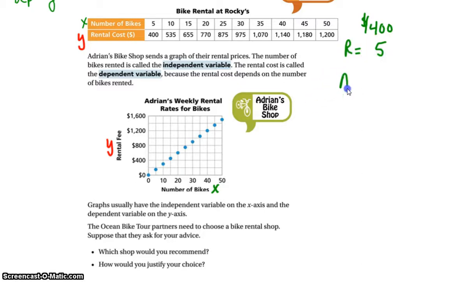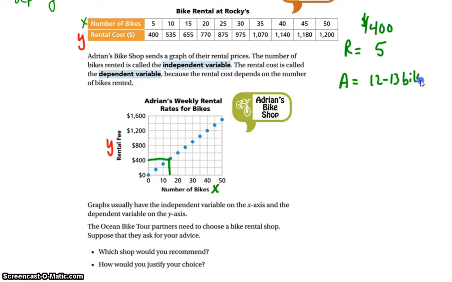And at Adrian's, if I come over here to the graph, $400 is going to give me roughly somewhere along the lines of about 12 to 13 bikes.